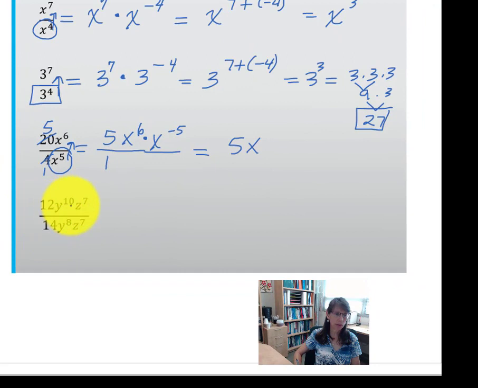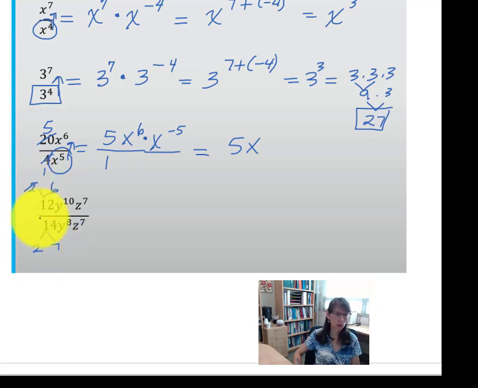In the last example, again, we've got some numerical coefficients, 12 and 14, and they're even numbers, so they're at least divisible by 2. And that's probably all, because 12 would be 2 times 6, and 14 would be 2 times 7.